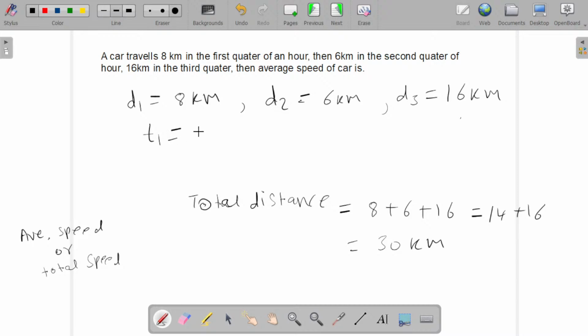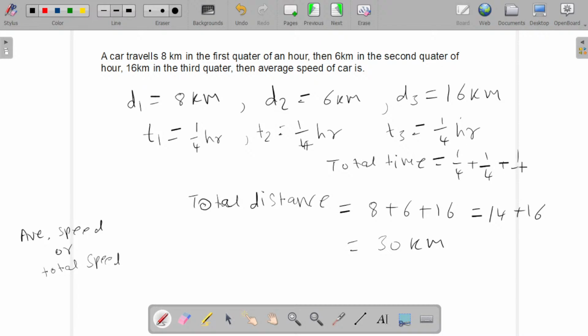T1 equal to 1/4 hour, T2 equal to 1/4 hour, and T3 equal to 1/4 hour. So total time will be 1/4 plus 1/4 plus 1/4, 3/4 hour.